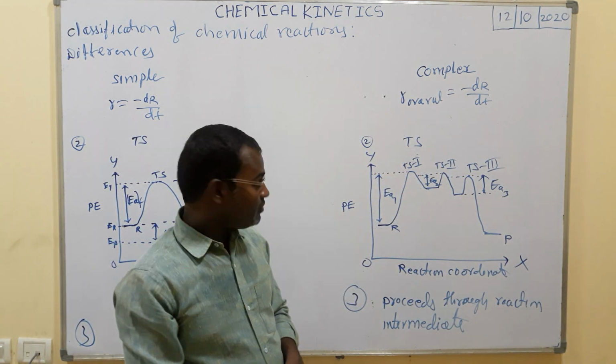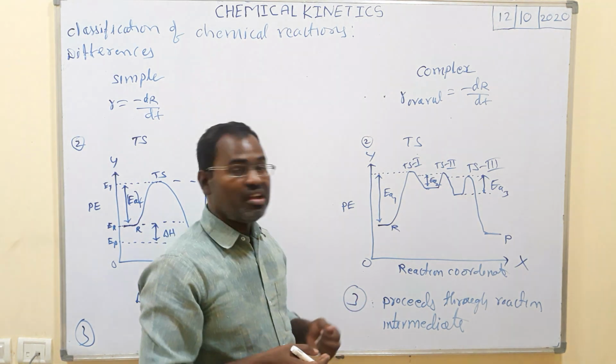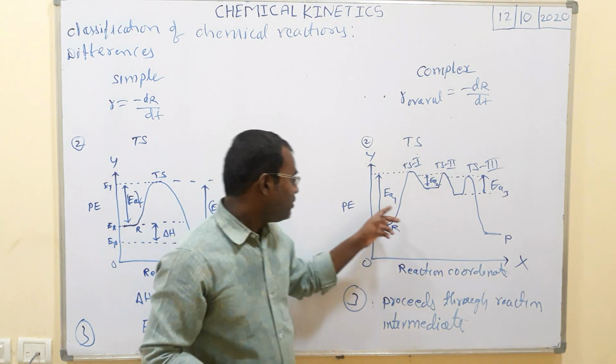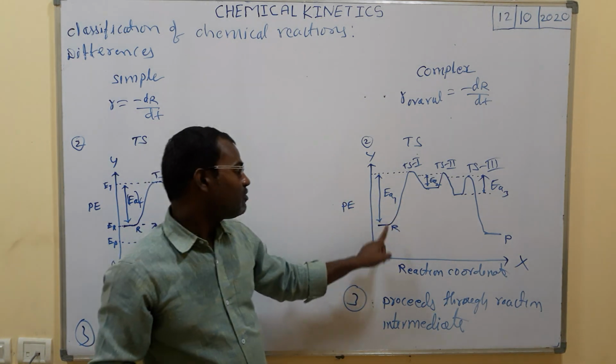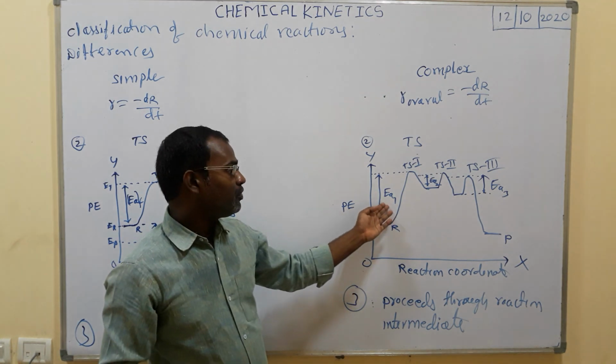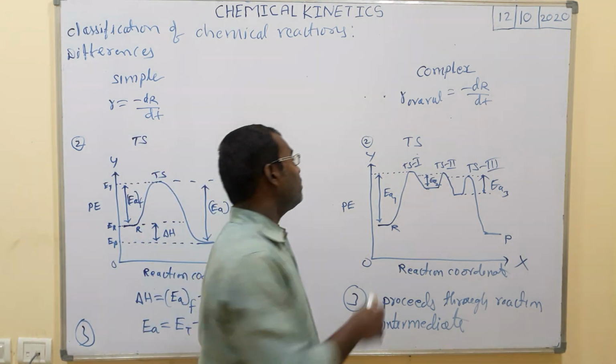The slowest step means that step should have the highest activation energy. If you see these activation energies, the higher one will act as the slowest step of the complex reaction, and it will give you the overall rate of the reaction. That is the fourth point.